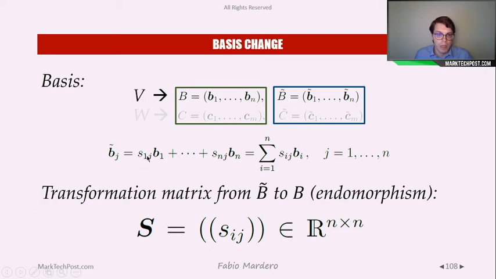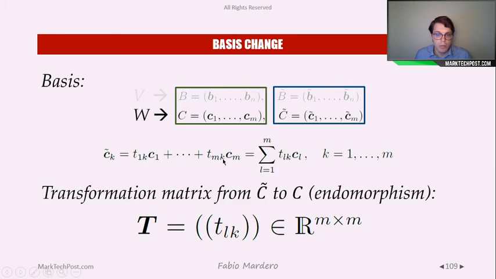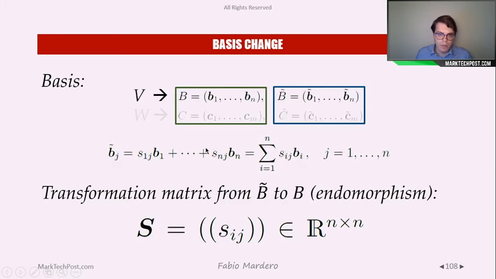Here, the s_1j, s_nj are vectors. If we define this linear combination for each of the n vectors of the basis B tilde, we get a matrix that is a transformation matrix from B tilde to B. It's also an endomorphism, again, because we go from V to V, from this basis to this basis.